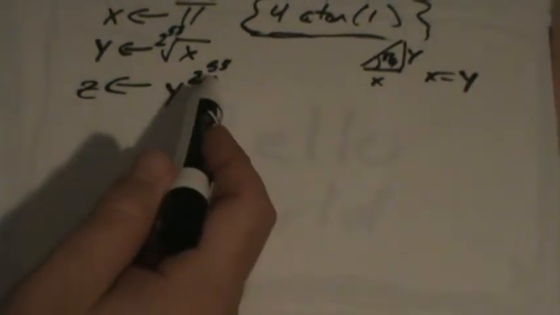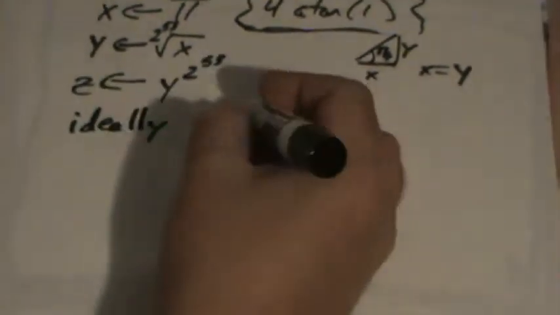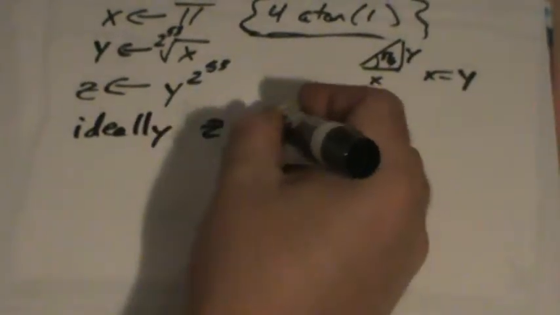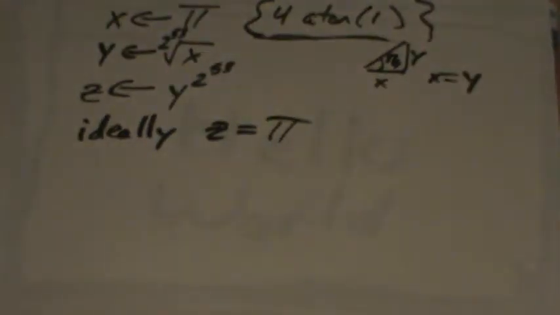Now, as a human being, I can look at this and go, well, all I've got is squaring 53 times, square rooting 53 times, cancel. So what I should have in z is pi. So ideally, z equals pi. Of course it doesn't, because I'm giving you an example of where things can go catastrophically wrong.